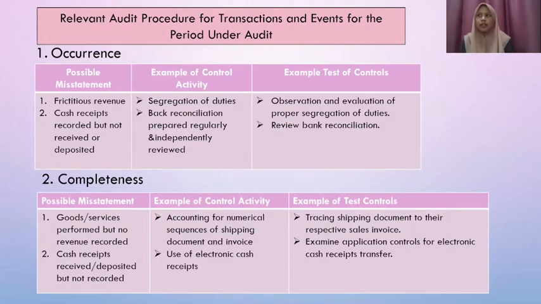Here, the auditor can observe and evaluate whether proper segregation of duties is carried out and whether it is effective and efficient for the entity.